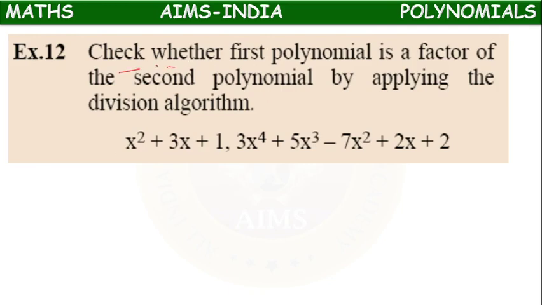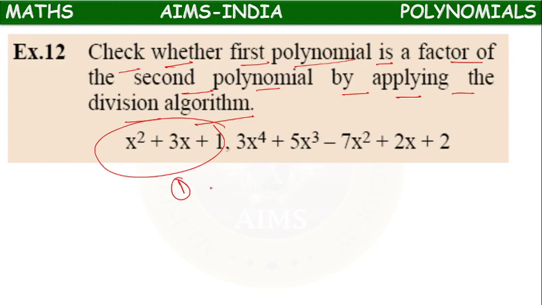Check whether first polynomial is a factor of second polynomial by applying the division algorithm. So we have to check whether the first polynomial is a factor of second polynomial or not. What does it mean?